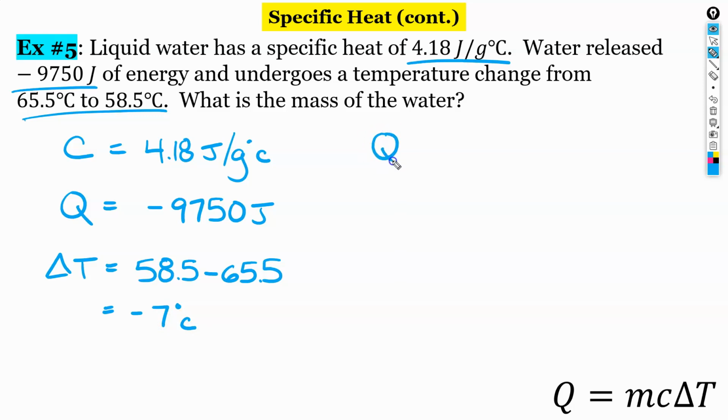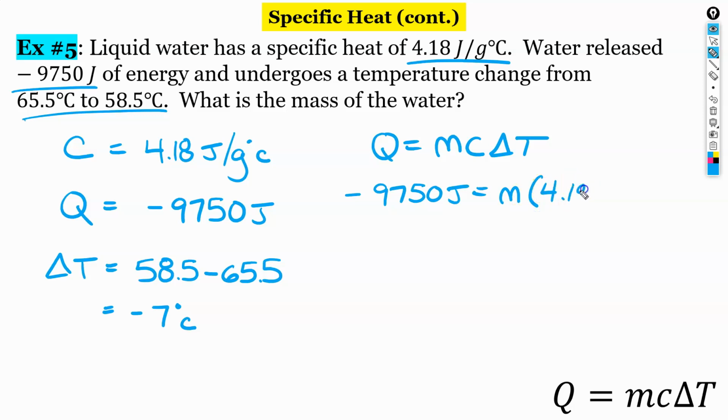And let's plug in. Q equals MC delta T. Our Q value is negative 9750 joules. We don't know our mass. Our specific heat value is 4.18 joules over grams degrees Celsius. And then our temperature change of negative 7 degrees Celsius.